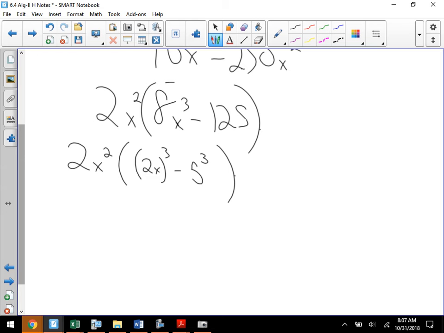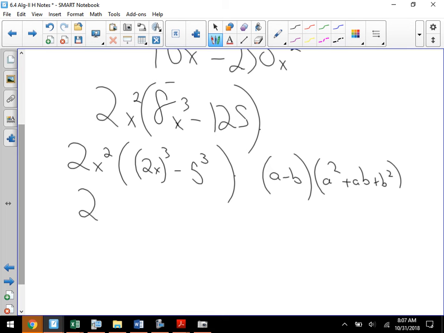That's where that comes from. Now I follow the special pattern. The special pattern says a minus b, a squared plus ab plus b squared. Well, my a value is 2x. My b value is 5.